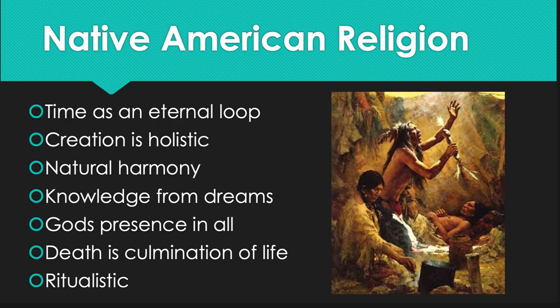Native American religion sees time as an eternal loop. Now, maybe you've studied this in other religions where one life ends and another begins. There is no true ending to one life because you can be reborn in another. And that creation was holistic.